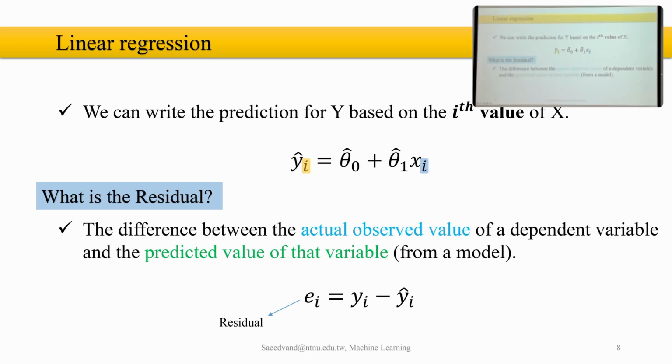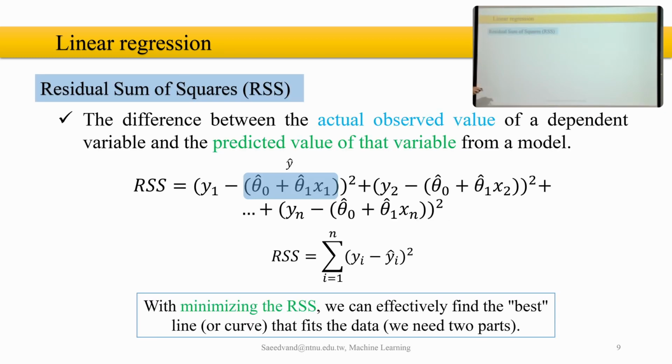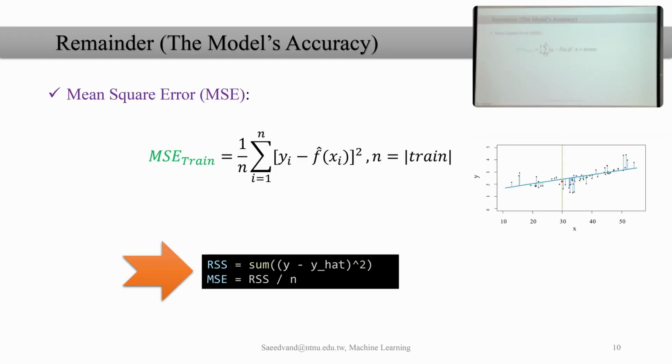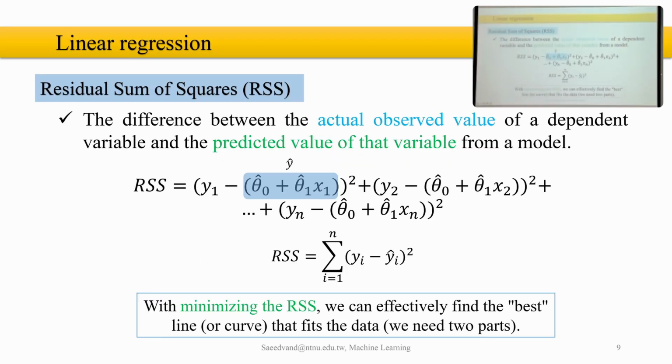So now we have defined the residual and the RSS. Based on the residual sum of squares, by minimizing it we can efficiently find the best line or curve to fit the data.